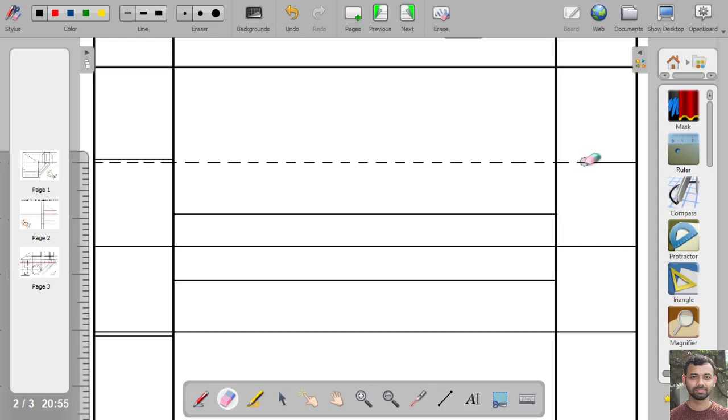This way we'll make this portion a hidden line.